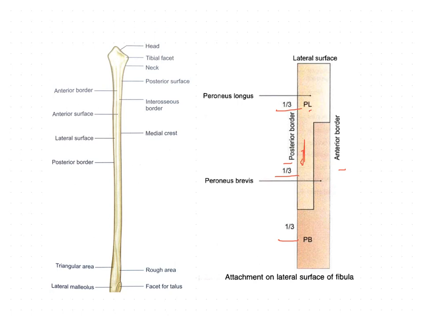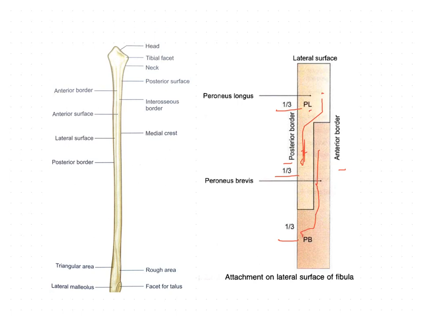The peroneus brevis originates from the anterior half of the middle 1/3 of the shaft and the whole of the lower 1/3.